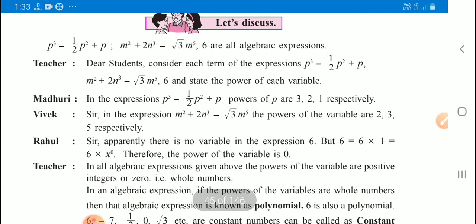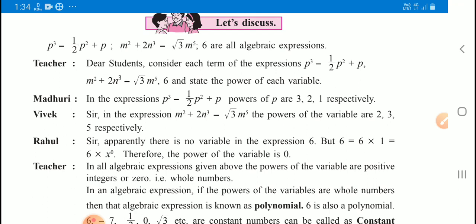Now you know the algebraic expressions such as they are given here: p cube minus 1 upon 2p square plus p. Then the second example is m square plus 2n cube minus root 3 m raised to 5. These are all algebraic expressions.